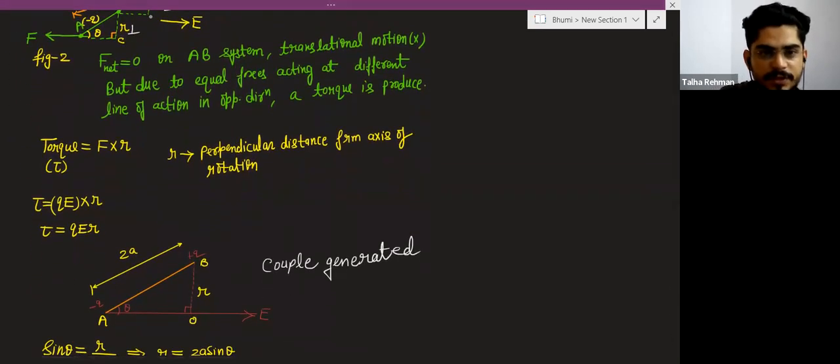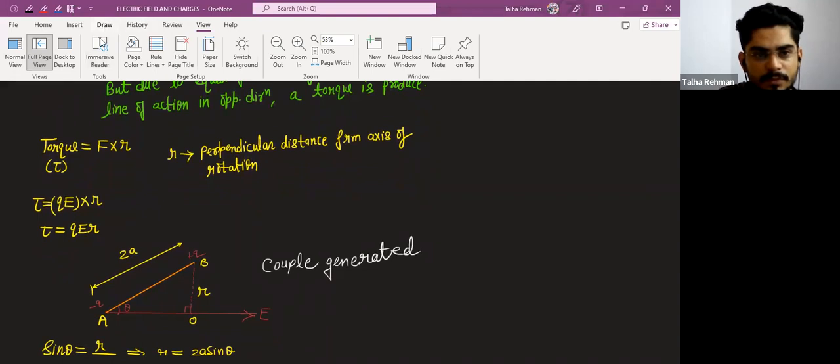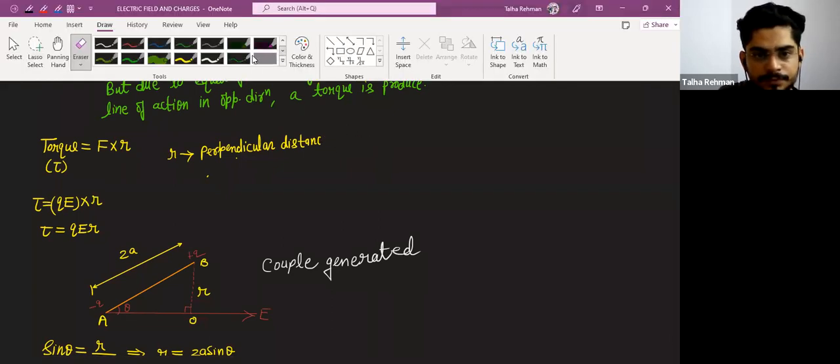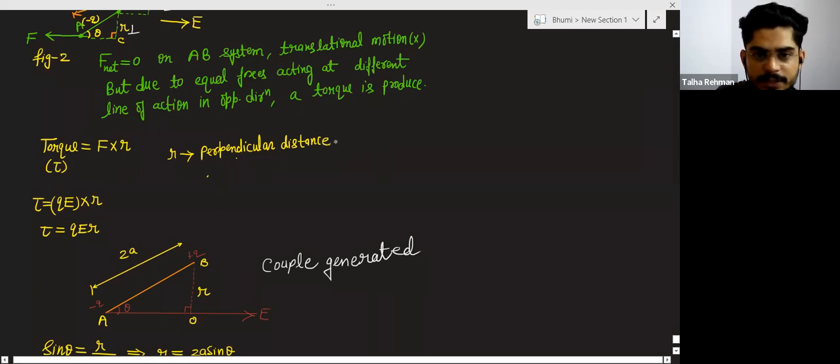And please change one thing here: perpendicular distance between lines of action of two forces.